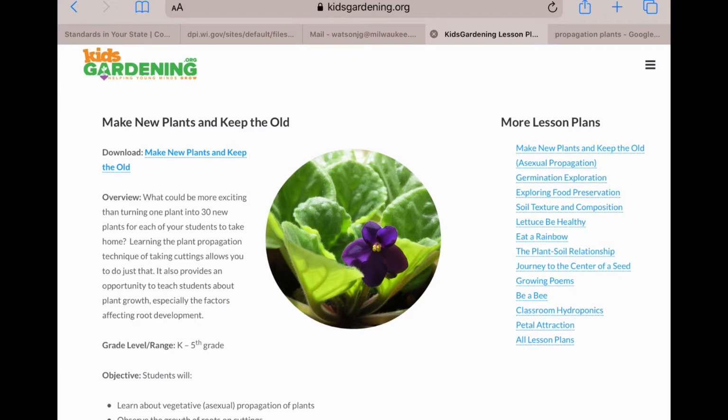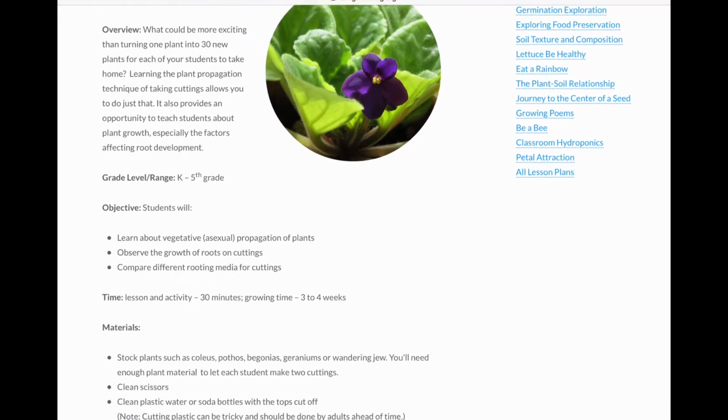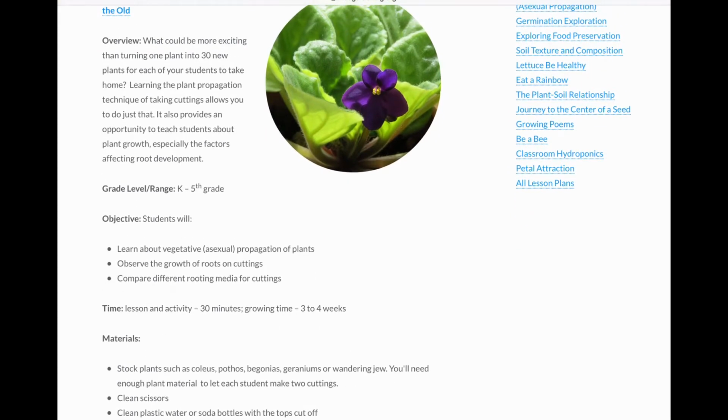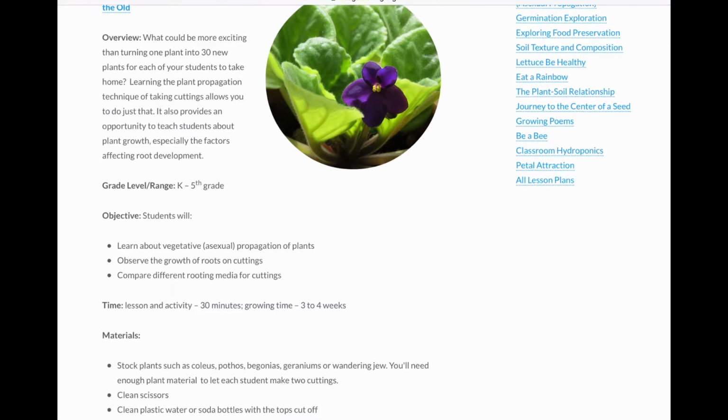Make new plants and keep the old. Overview. What could be more exciting than turning one plant into 30 new plants for each of your students to take home? Learning the plant propagation technique of taking cuttings allows you to do just that. It also provides an opportunity to teach students about plant growth, especially the factors affecting root development.